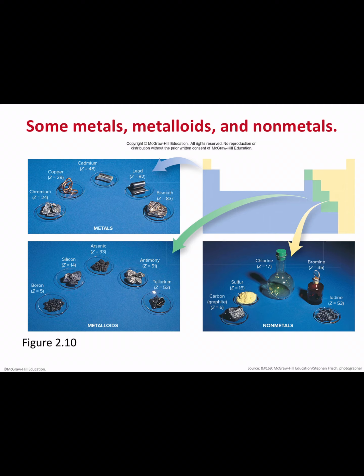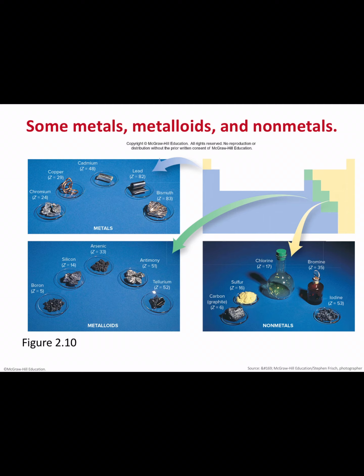These are the characteristics, how they look: metals, metalloids and non-metals. Metals are normally solids. You can see chromium, copper, cadmium, lead, bismuth. They are all solids, most of the metals. And then the metalloids, we call them semi-solids. They are not as hard as metals.